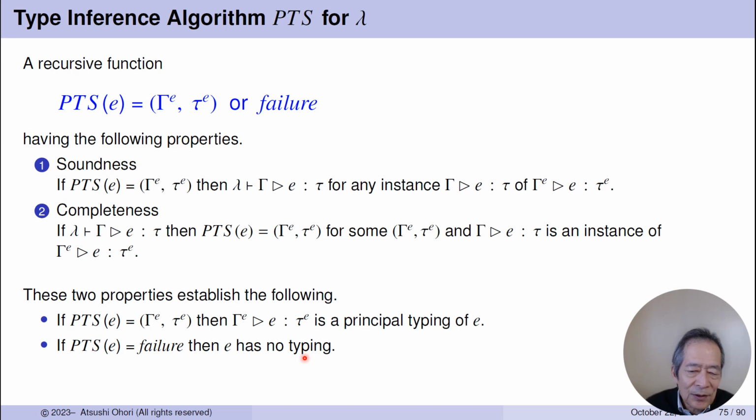So this is an obviously correct algorithm. If we can define this PTS with these two properties, then we have completely solved the type inference problem, the third form of the type inference problem we learned in the previous lecture.